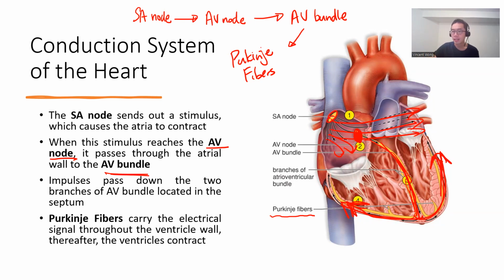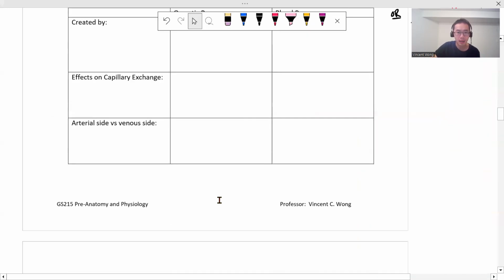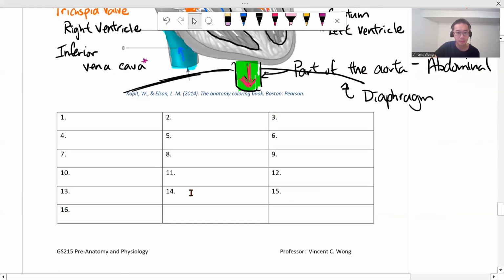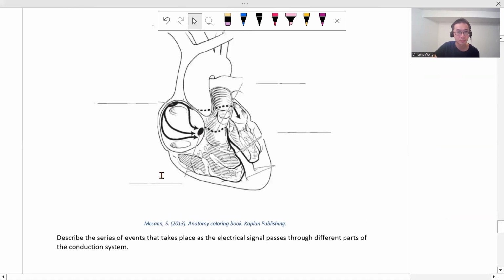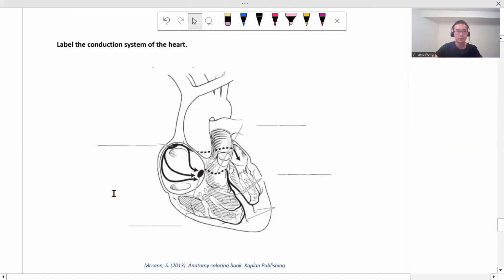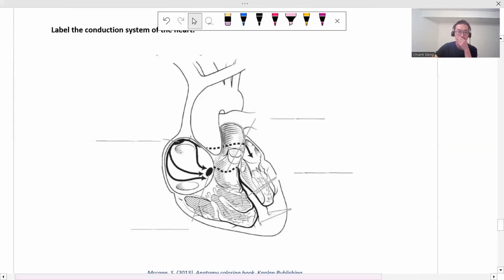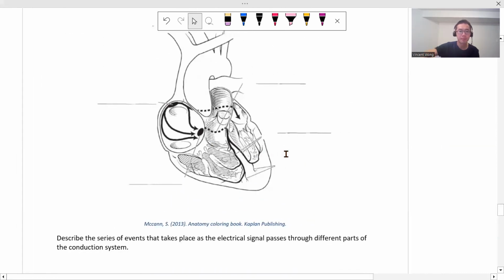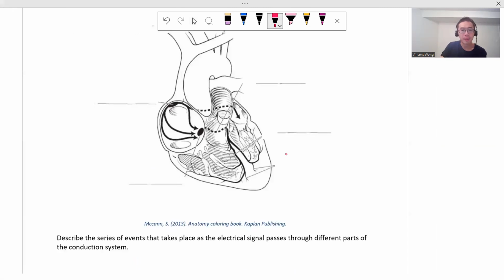Now I want to write this down for you in terms of what's exactly going on when the signal is passing through these structures. All right. If you have the study guide, you can take it out. If you don't have it, just copy it onto a separate piece of paper. So there's a diagram right here. And this is towards the end. All right.